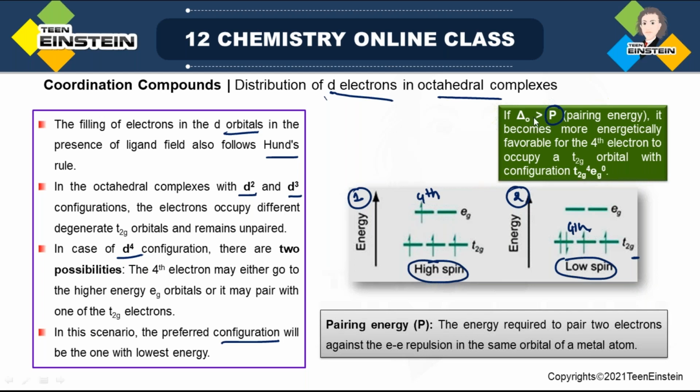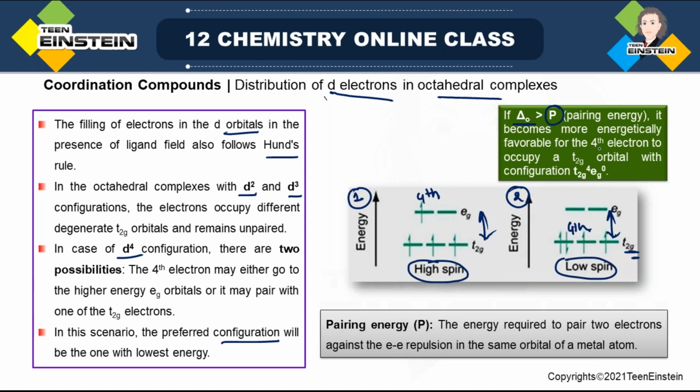So if this pairing energy is lesser than delta O, that means delta O is greater than P, the electron will prefer to remain in t2g because this gap is very high. Though in the picture it seems as if the energy gap is the same in both, actually in the second picture it is high. Just assume it.